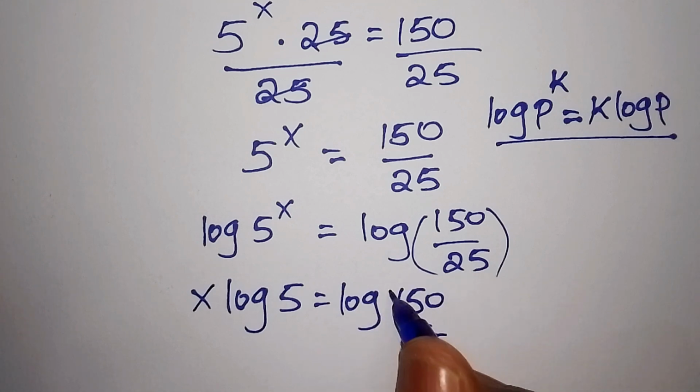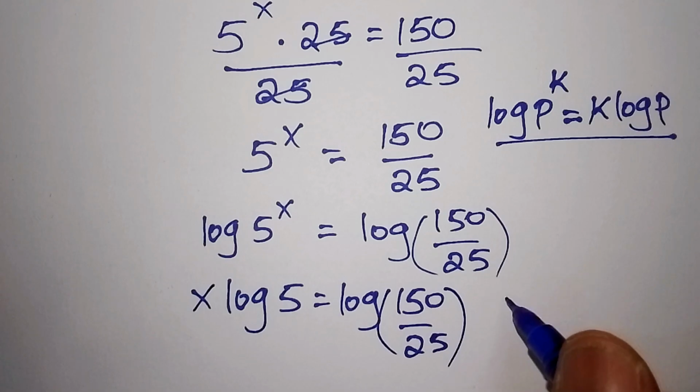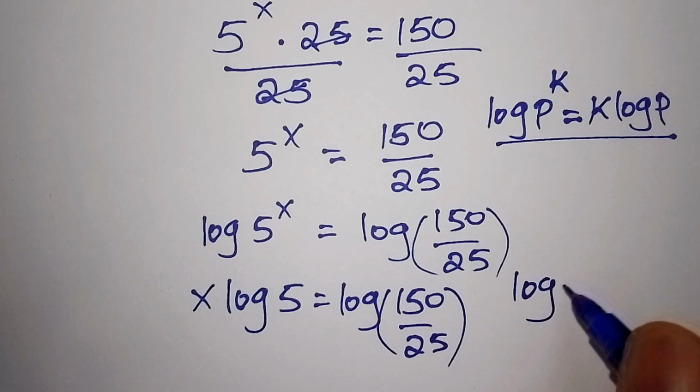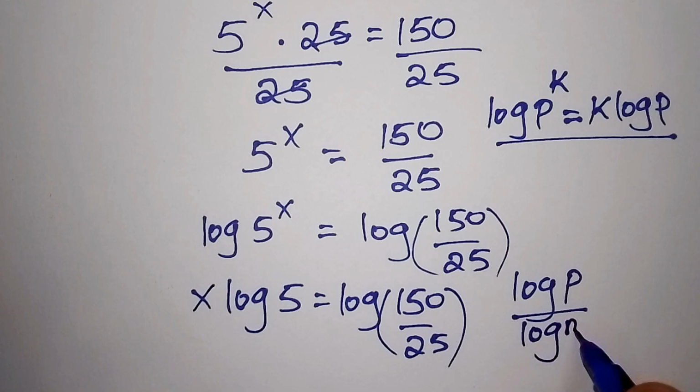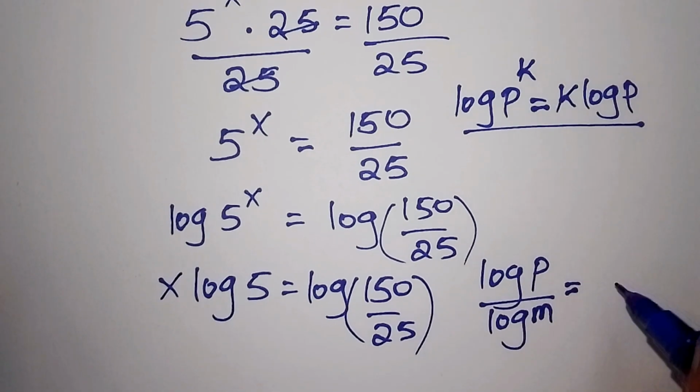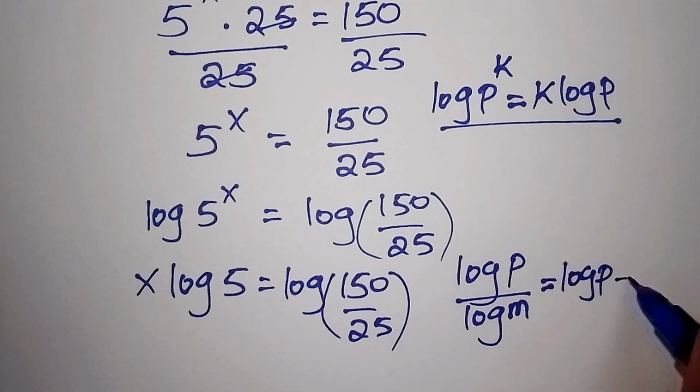When we have, for example, the log of p all over m, according to the logarithm law this can be written as the log of p minus the log of m.